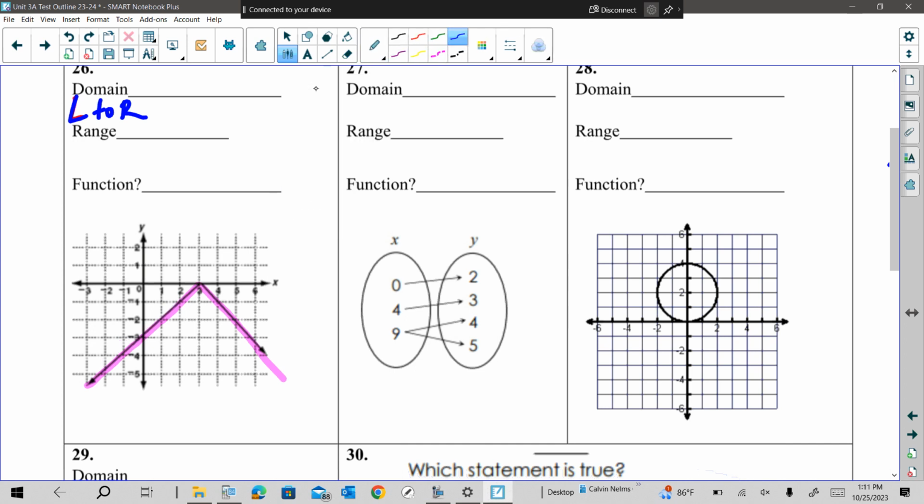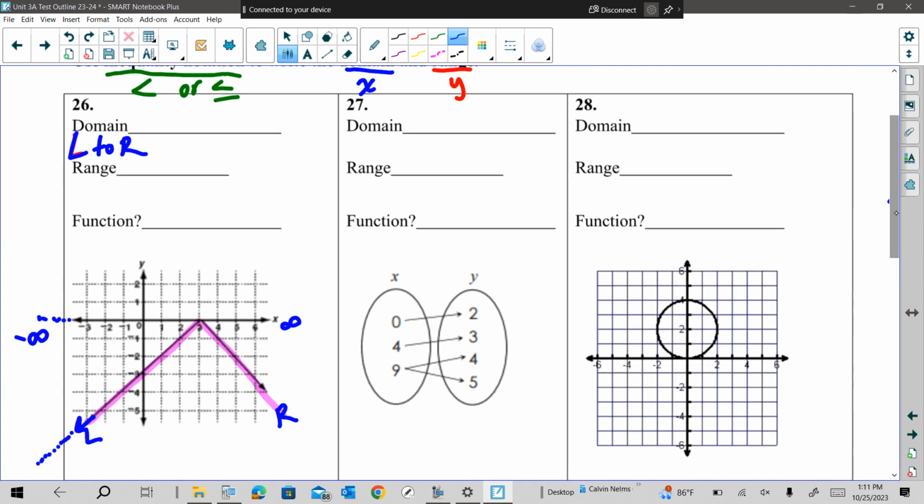So the left of the graph is over here, but do you see how it's pointing down? That means it's going to keep going in that direction, which means it's going to keep going out. So negative infinity. And for the right, it's also going to be positive infinity.